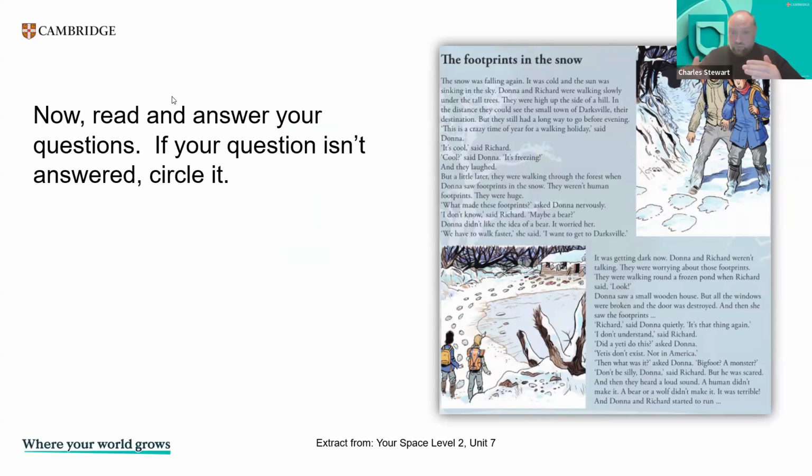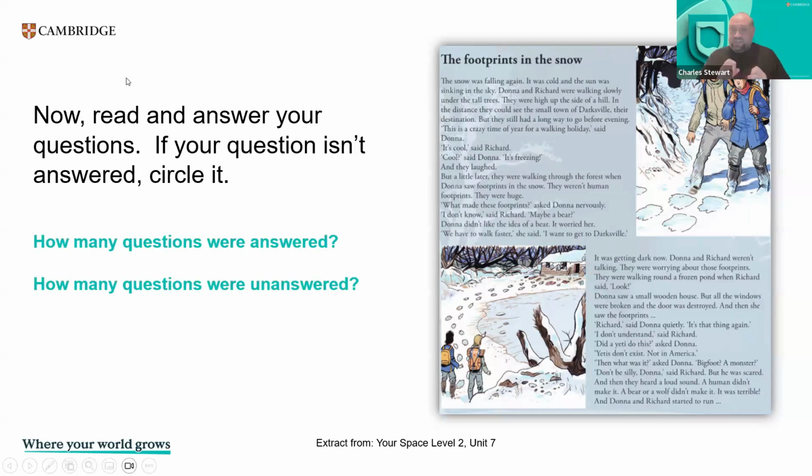And then I would give them time to read it and either answer their questions or circle them. And then I would come back together as a class and have a discussion about it. How many of your questions were answered? How many of them were unanswered? Give me some questions that were answered. Give me some questions that were unanswered.